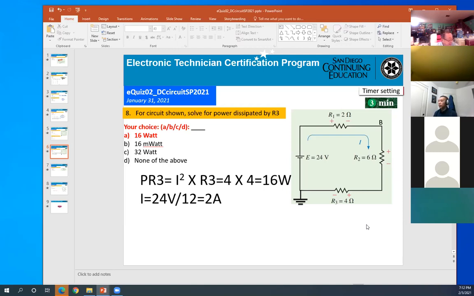You get 2 days, Tuesday and Thursday. Normally, one day will be on simulation, and the other one will be in the real lab with real equipment.